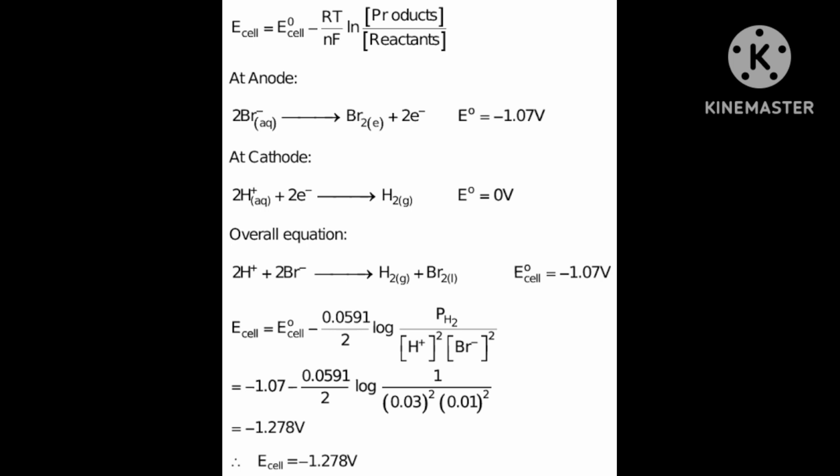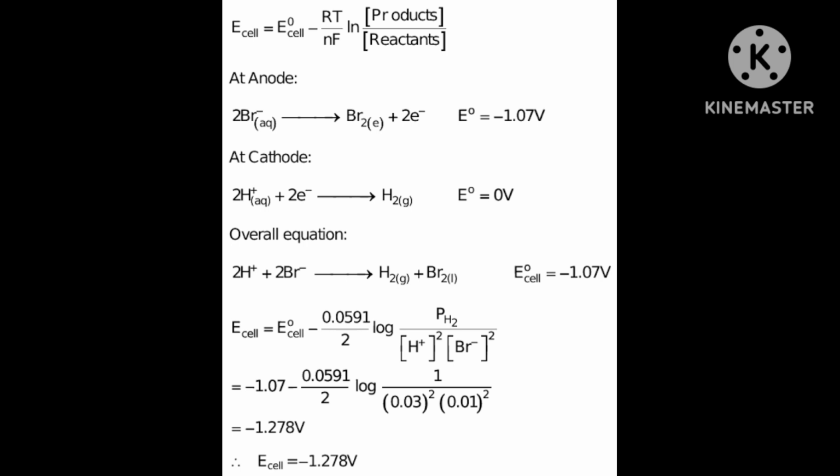You do not have to derive it. When you derived it, you will derive it the same way. But I am telling you, for this type of cell, what will be the expression? Its expression will be Ecell is the standard Ecell minus RT divided by 2F.